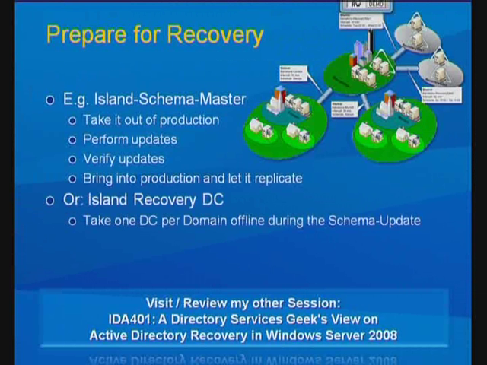Then take those offline during your schema update, perform your tested schema update, which you're confident in theory will work, let it replicate, and when you're sure that your schema update worked, you can either put those DCs back online, demote them, or take them offline and perform a metadata cleanup so that they are out of Active Directory.